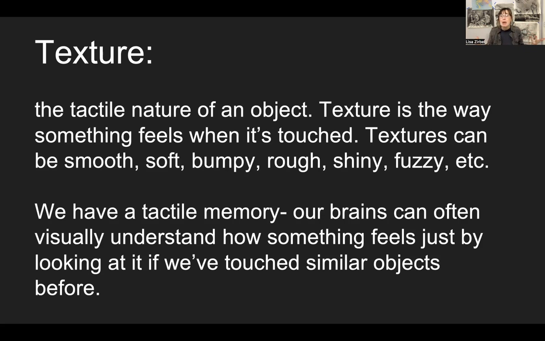We have a tactile memory. Our brains can often visually understand how something feels just by looking at it, as if we've touched a similar object before. So the idea of something that is slimy and creepy, probably because you've touched something slimy before and you have this association with something creepy. Or maybe you watched a movie about a snake and now every time you see that similar texture, you have that similar association.